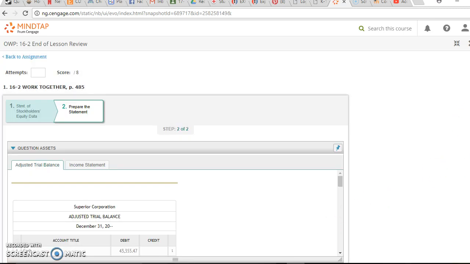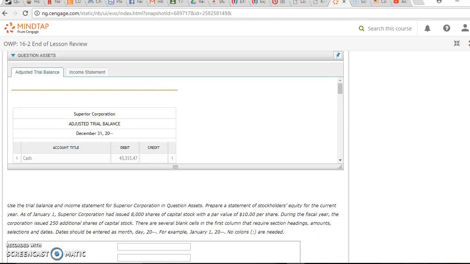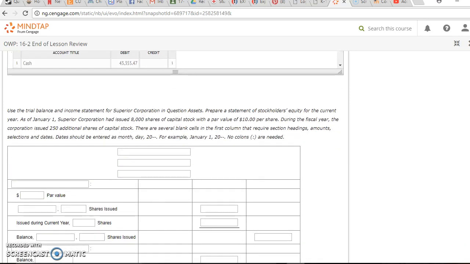All right, so let's go ahead and prepare a statement of stockholders' equity, though. So this is going to be the trial balance for Superior Corporation. It's a statement of stockholders' equity.